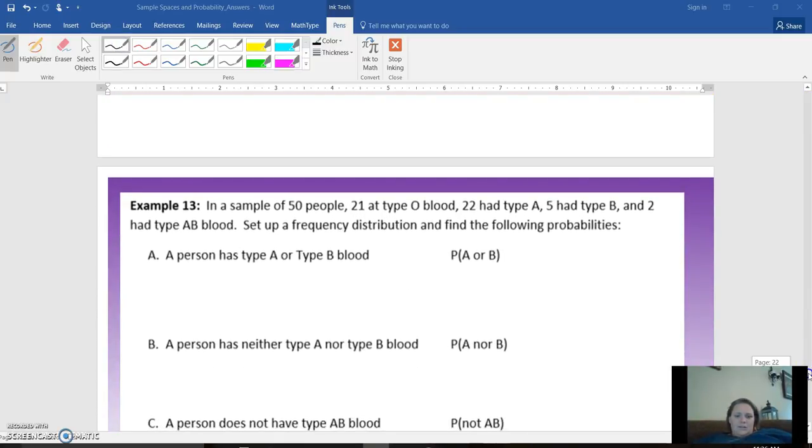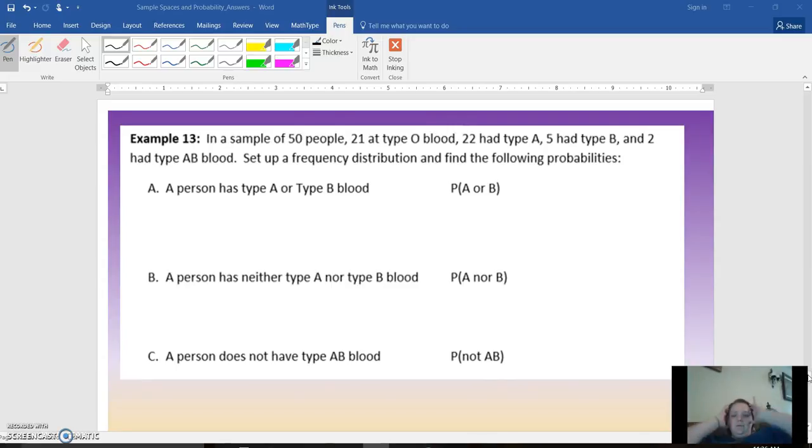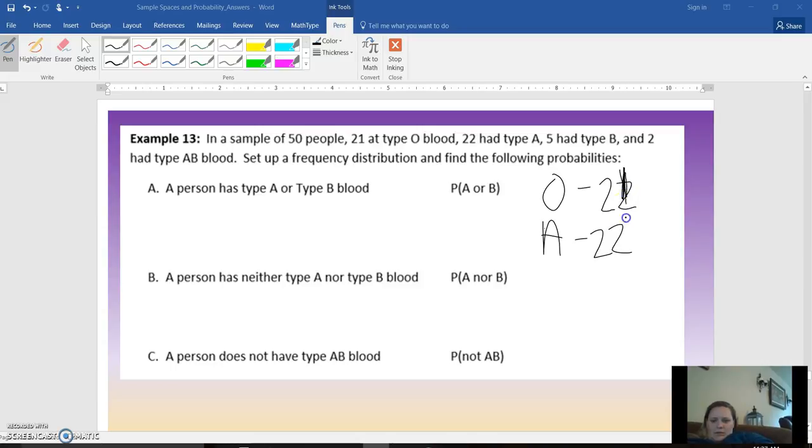Right. So in a sample of 50 people, 21 have O, 22 have A, 5 have B, and 2 have AB. I like to make a little chart. So O is 21, A is 22, B is 5, AB is 2, and the total is 50.